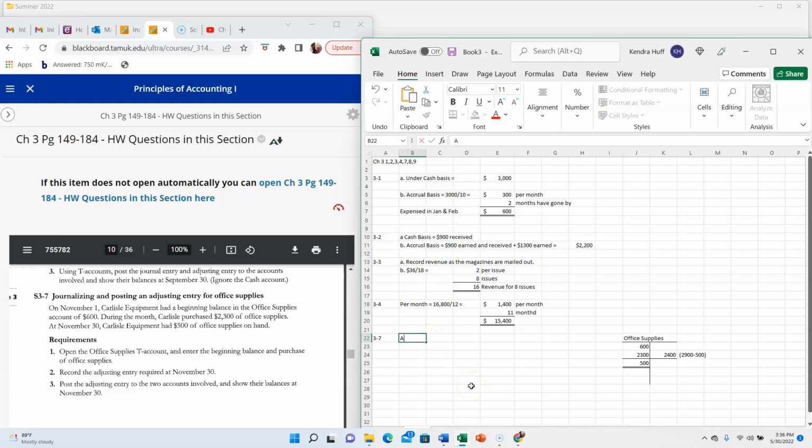So the adjusting journal entry, I call those AJE, adjusting journal entry. We would transfer it to supplies expense, and it would be a credit to the office supplies. So it comes out of the asset account and it turns into an expense as we use it up.